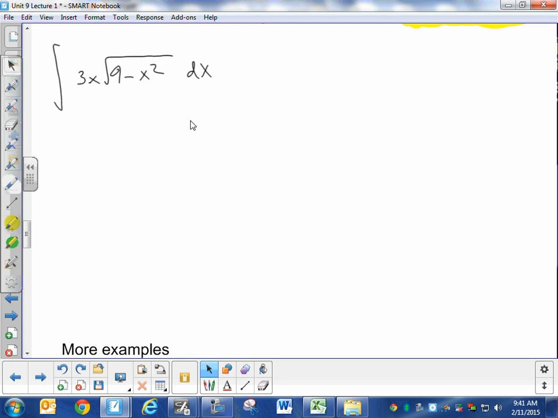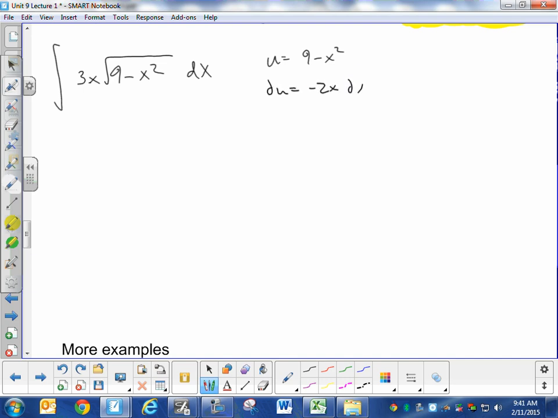Negative 2x. They'll cancel. We need stuff to cancel so that we just have something with u's that we can take the antiderivative of.